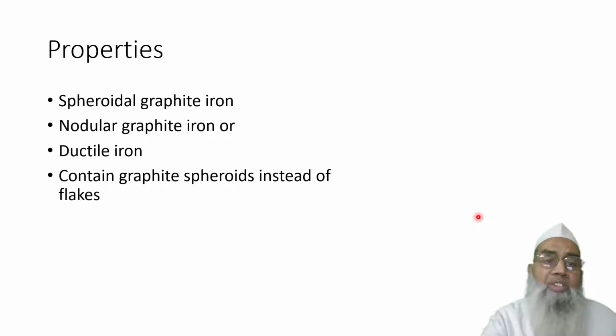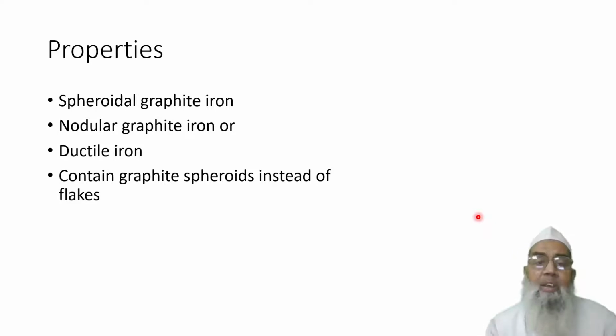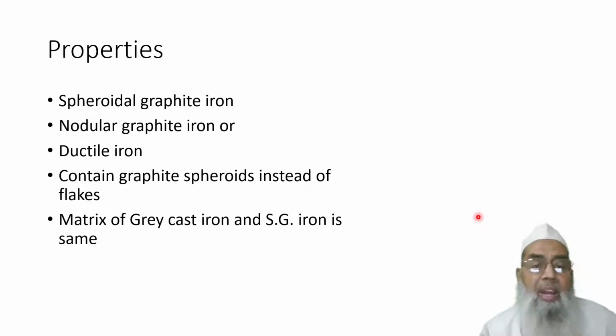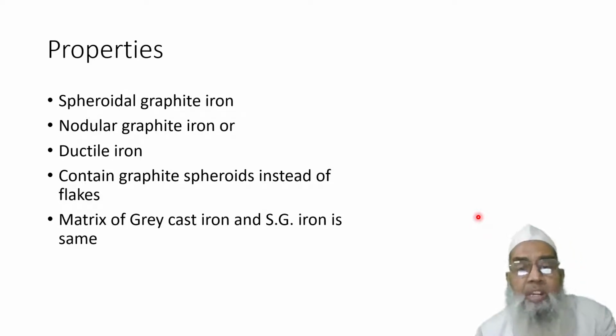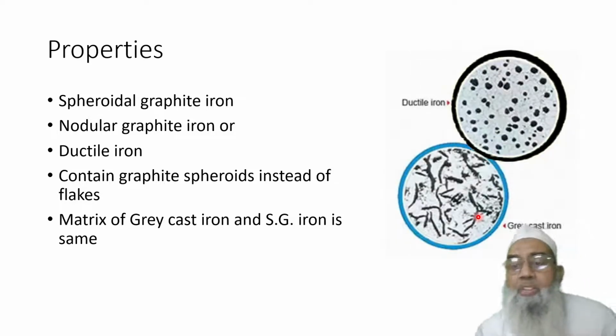In this SG iron, it contains graphite in the form of spheroids instead of flakes, in a matrix of grey cast iron, as we can see in the figure over here.